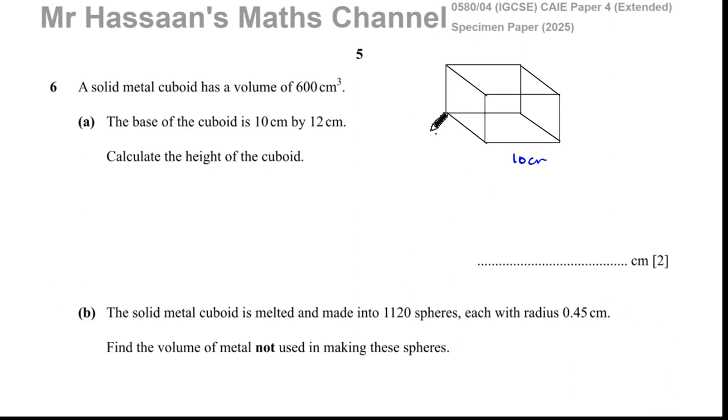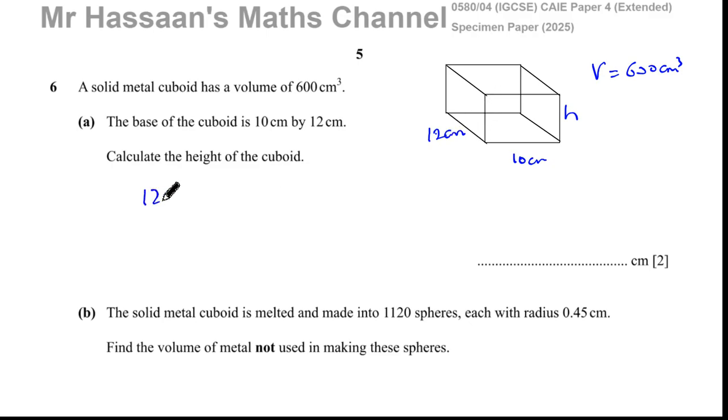We have to find the height of the cuboid, and we know the volume is 600 centimeters cubed. The volume of a cuboid is the length times the width times the height. It's basically a prism, so it's the cross-section area times how deep it is.